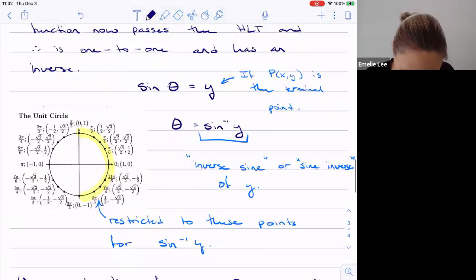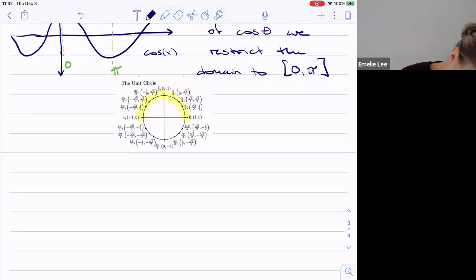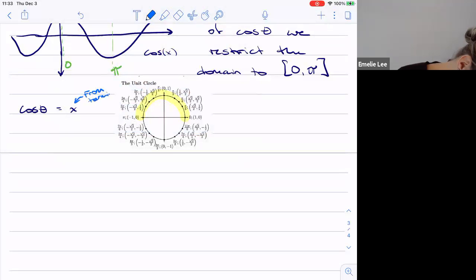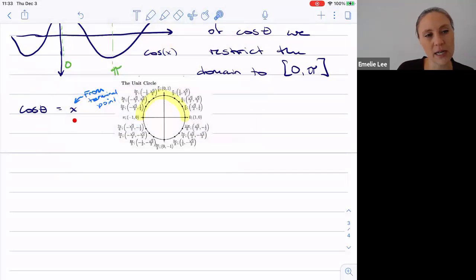How did I say it up here? If we have cos of theta equal to x, cos of the angle is the x value from the terminal point. Then if I move this cosine over to the right-hand side, I have the inverse cos of x.